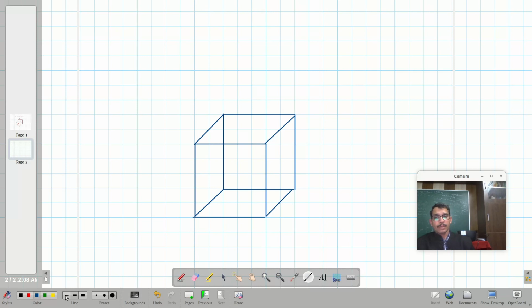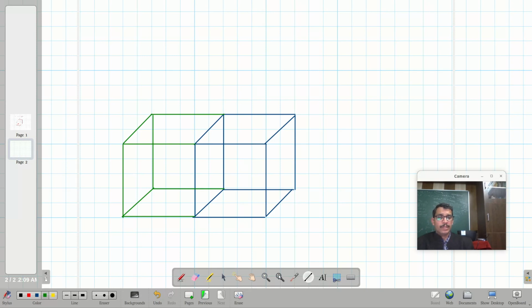Right, then let me draw one more towards this side. One cell is this way, and another cell is towards this way.